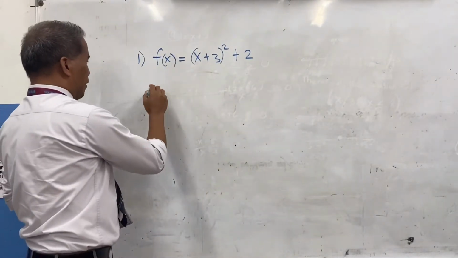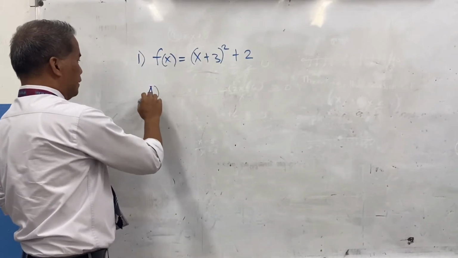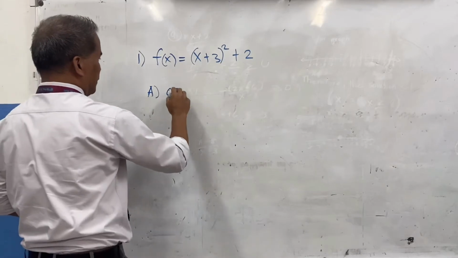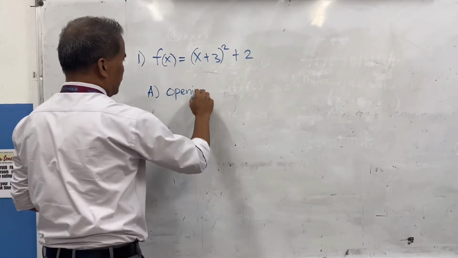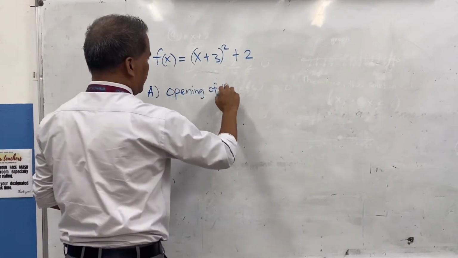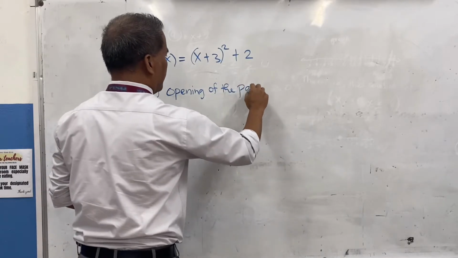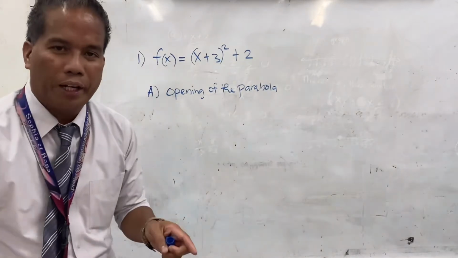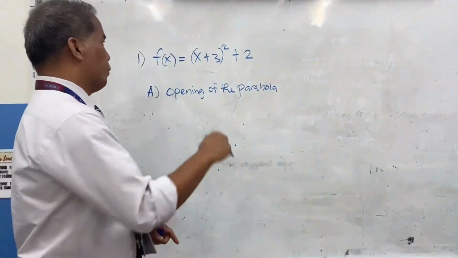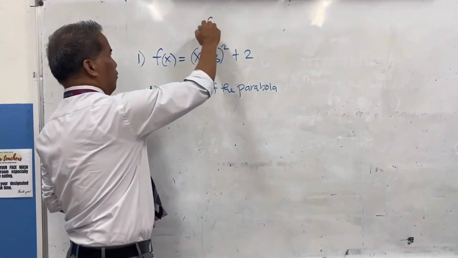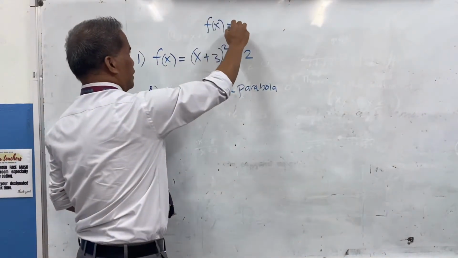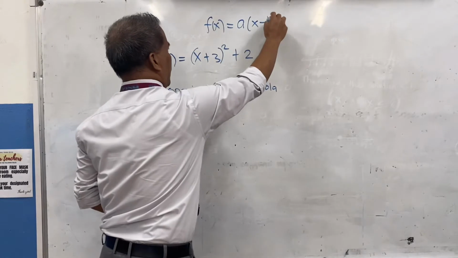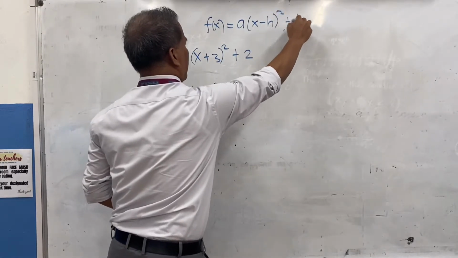Number one, letter A, we are going to find the opening of the parabola. So to find the opening of the parabola, we have the general form f of x is equals to a times x minus h squared plus k.